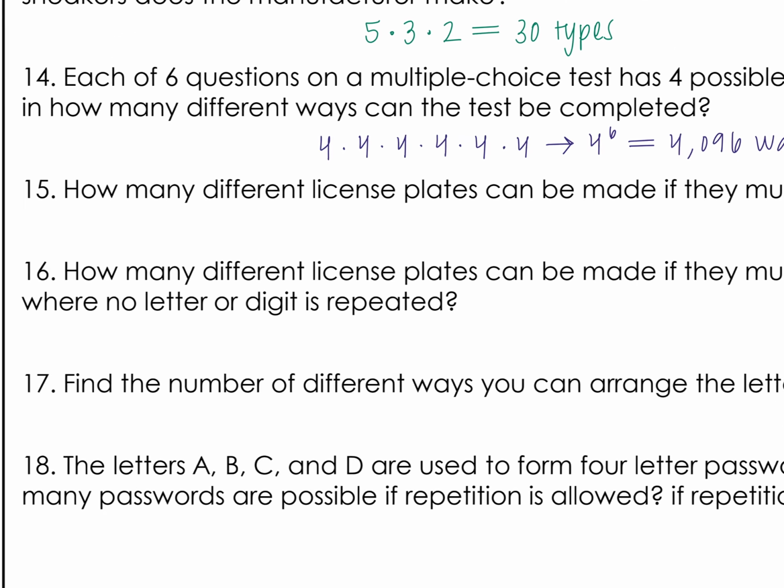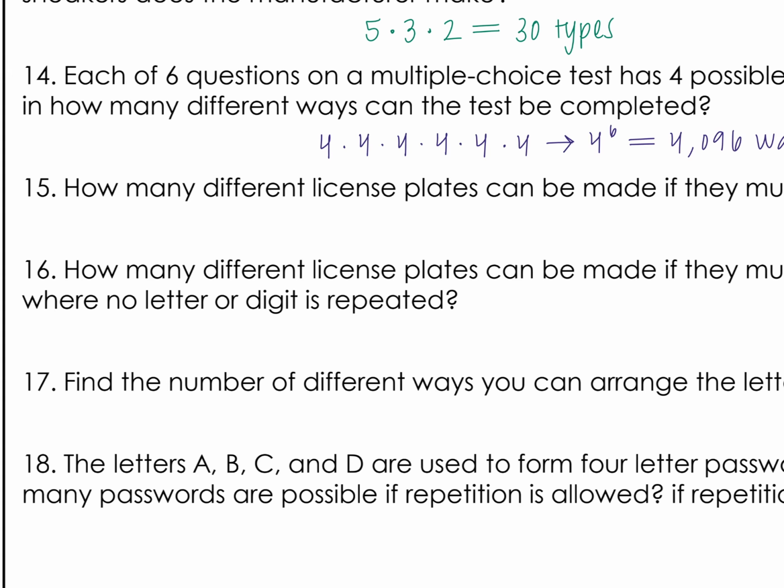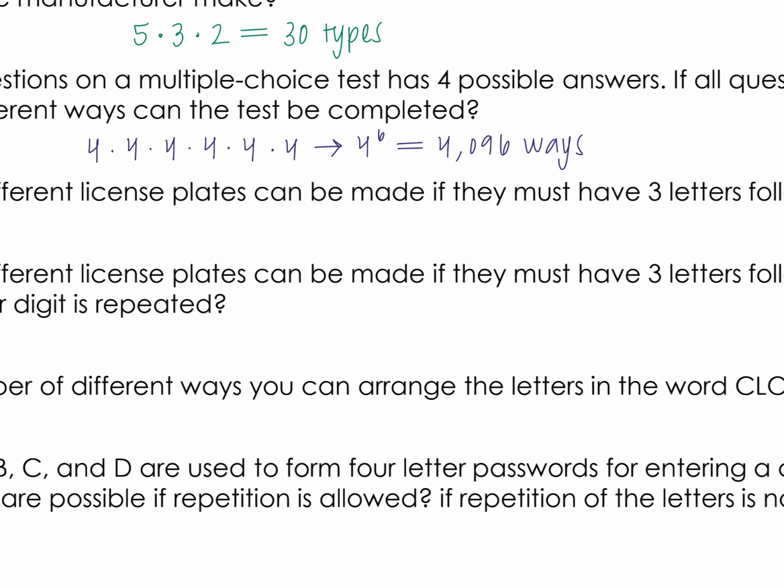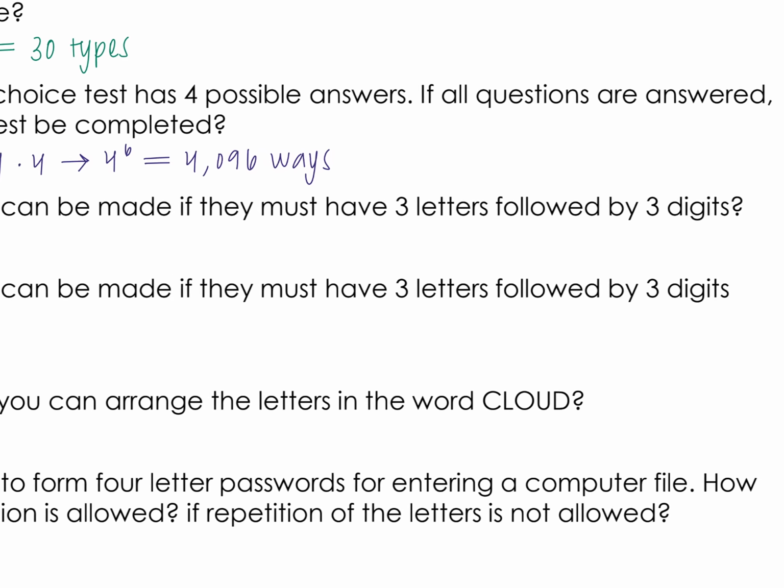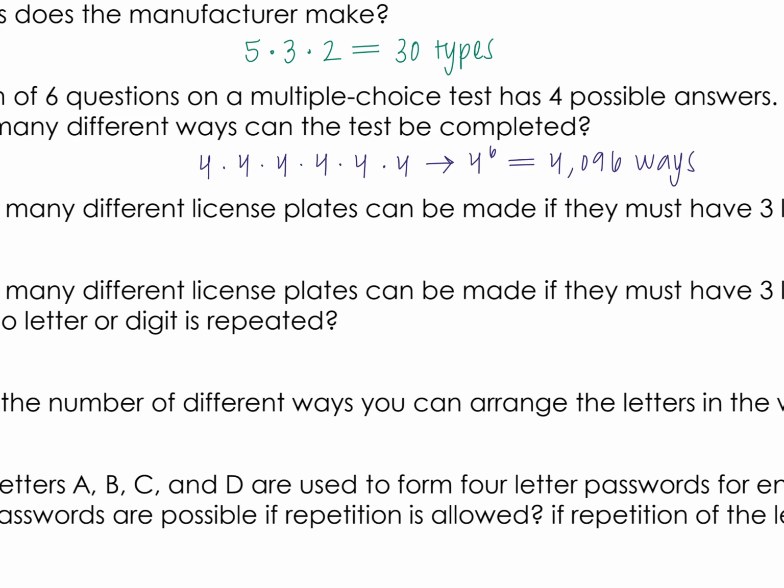Moving into number 15, how many different license plates can be made if they must have 3 letters followed by 3 digits? Okay, so when I make my first choice, we know that we have to pick a letter, okay? And there's going to be 26 letters in the alphabet.